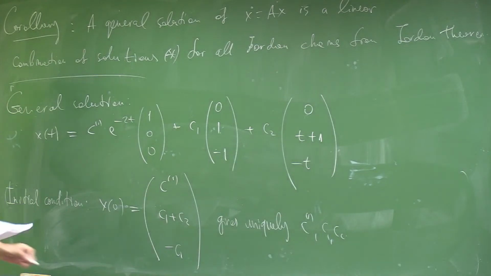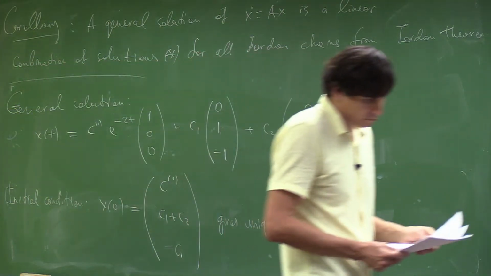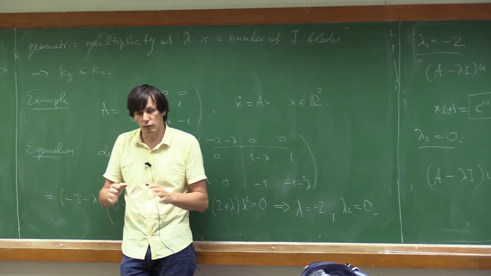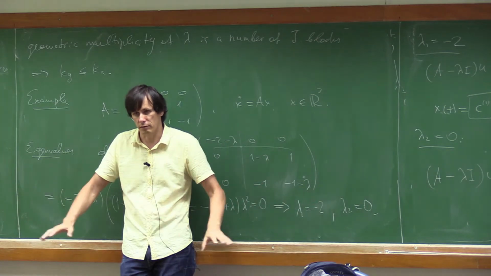So that's how you find a general solution in general. Usually it's not so easy, because you need to form the full Jordan form. Usually all eigenvalues are simple, different. Then it's easy.